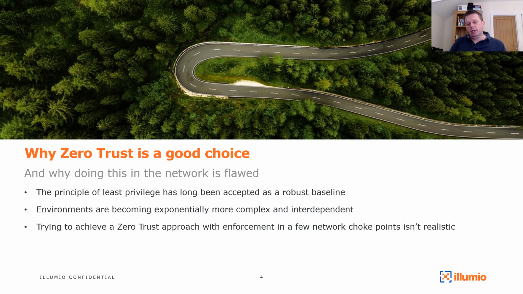We see customers creating ever more complex topologies. This started a long time ago with VLANs, then progressed to virtual routing, things like MPLS to provide segmentation in the network. Then it went on to overlays and SDNs, and in the end, the network itself, which is really intended to deliver traffic, becomes unnecessarily complex.